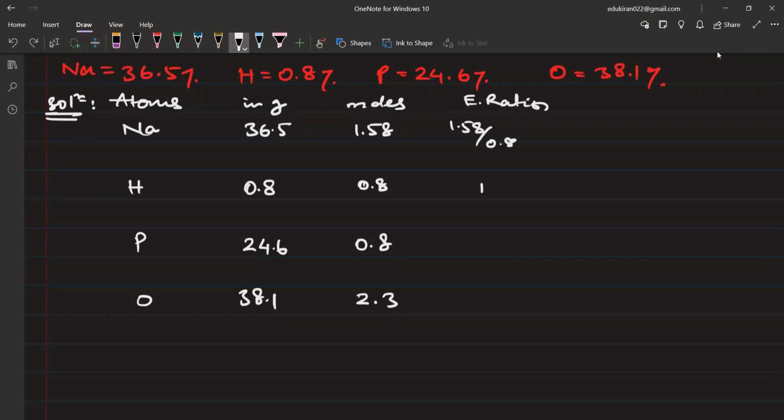And 2.3 divided by 0.8, approximately equal to 4. And 1.58 is approximately 1.6, so I can write this as 2. All of these are whole numbers. So I will write this as Na2H1PO3. This is sodium.